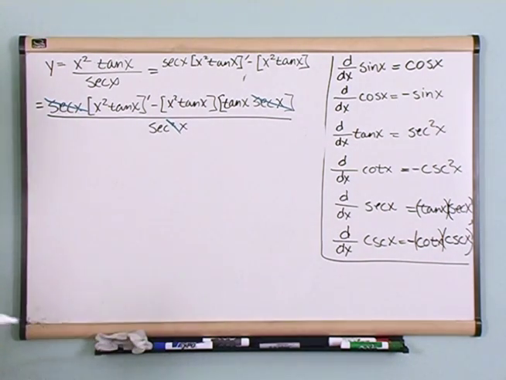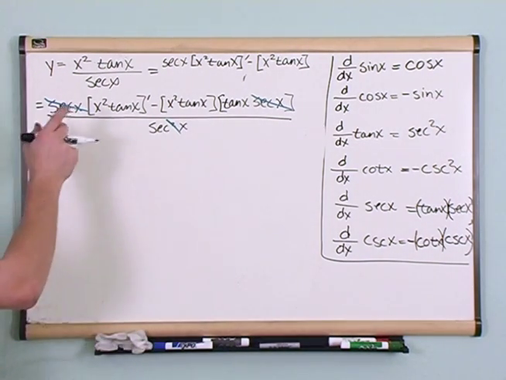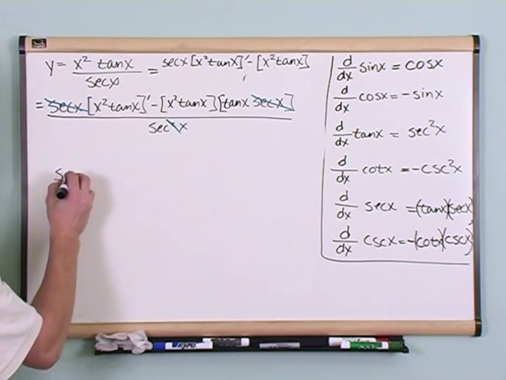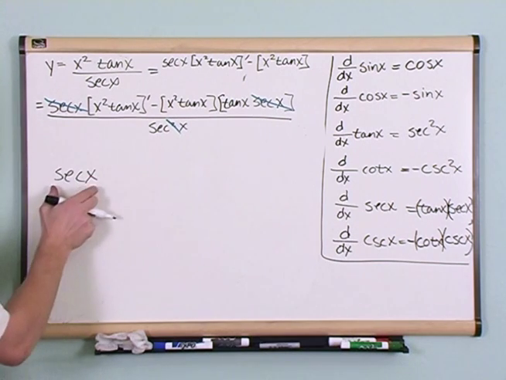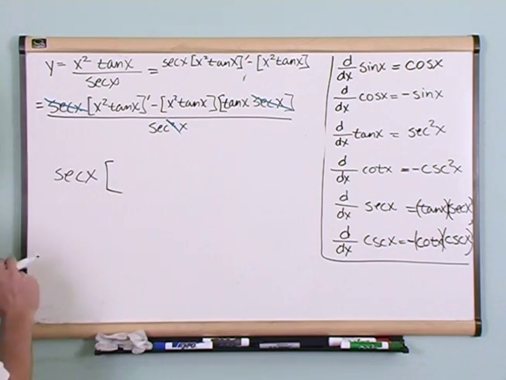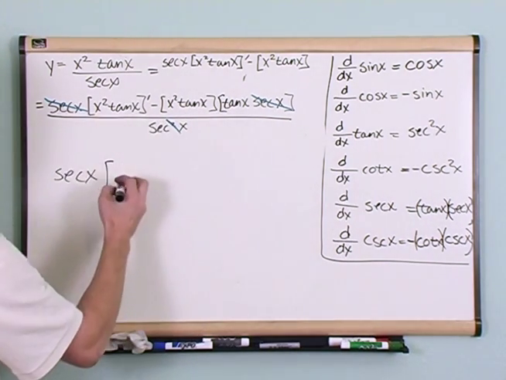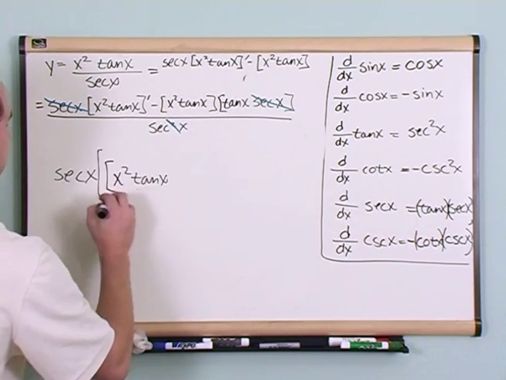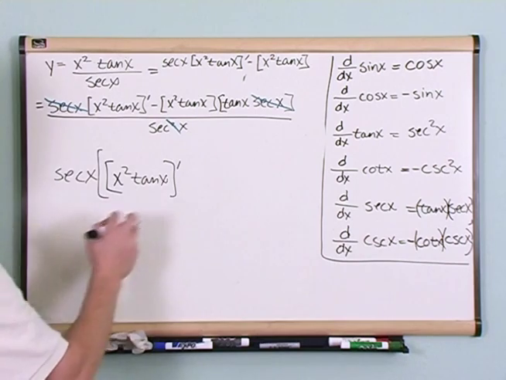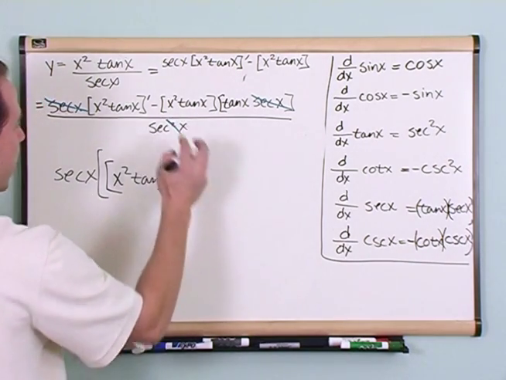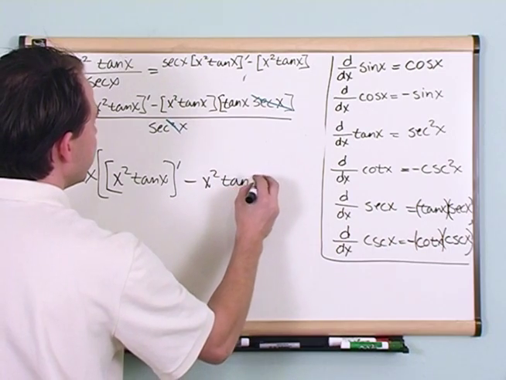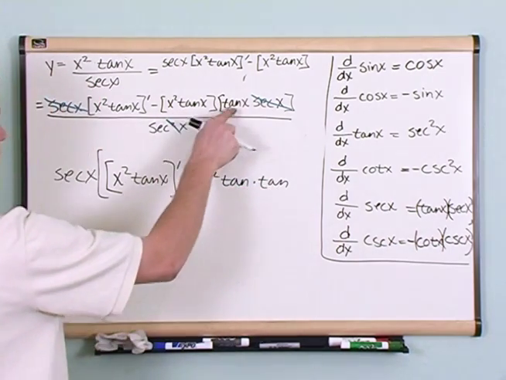Now, just to recap, what I did here is, in one step, I factored out a secant on the top, and what I would have had left over on the top would be x squared tangent x, and I've got to take the derivative. Then over here I have x squared tangent times tangent, because I have a tangent here and a tangent here.